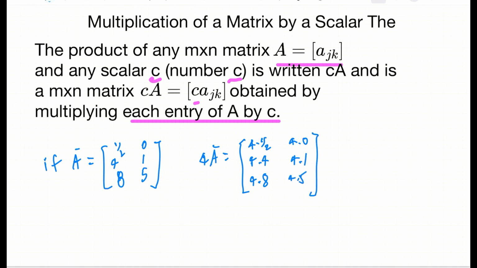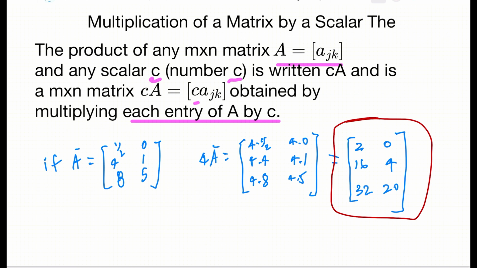We're doing each element one by one. 4 times 1/2 is just 2, 4 times 4 is 16, 4 times 8 is 32, and 4 times 0 is 0, 4 times 1 is 4, and 4 times 5 is 20. So this is going to be our matrix if we take this original matrix and multiply it by 4. So it's pretty straightforward, but it's needed to understand that.